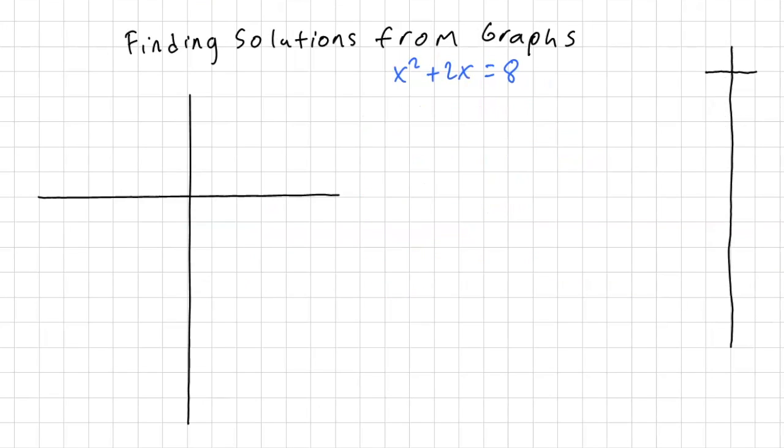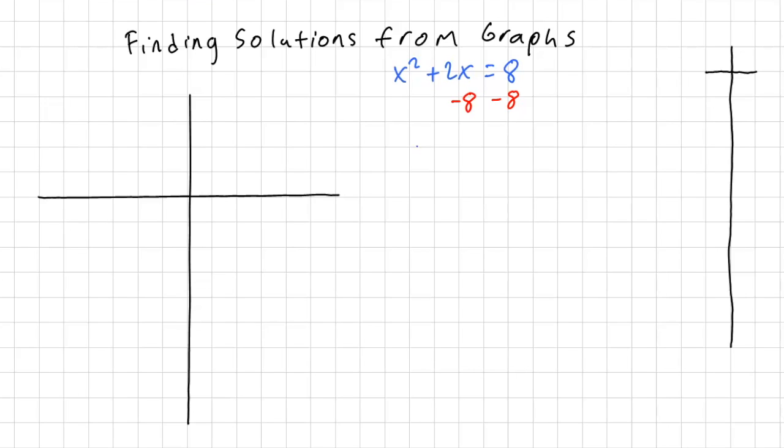Alright, let's do one more example. So in this one, notice it doesn't equal 0. It's x squared plus 2x equals 8. In order to graph it, we need it to equal 0. So there's one step we're going to have to do first. We want it to equal 0, so we're going to subtract 8 from both sides.